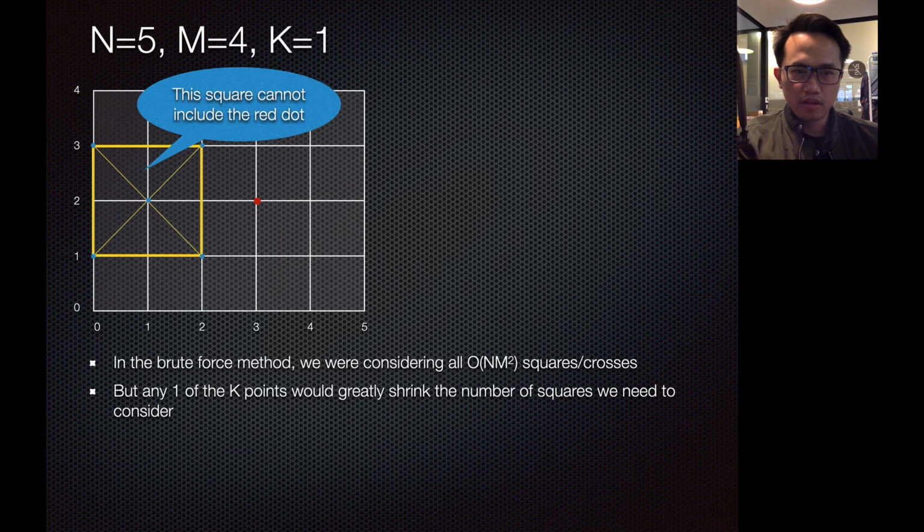Let's look at what that means. For example, this red dot on this 5x4 grid and this yellow square cannot possibly include a red dot. It's so far away, right? And you can see there are many squares on this grid that cannot possibly include a red dot.